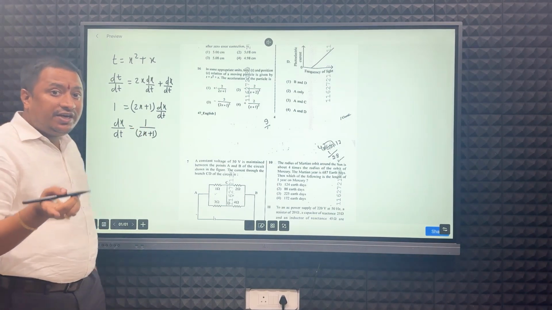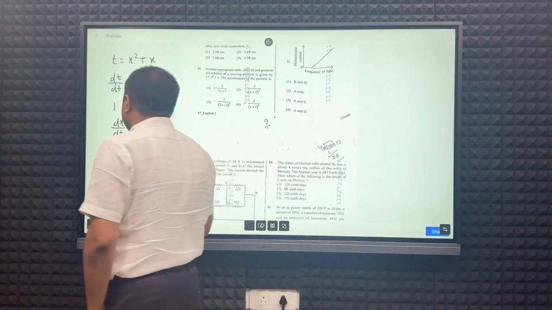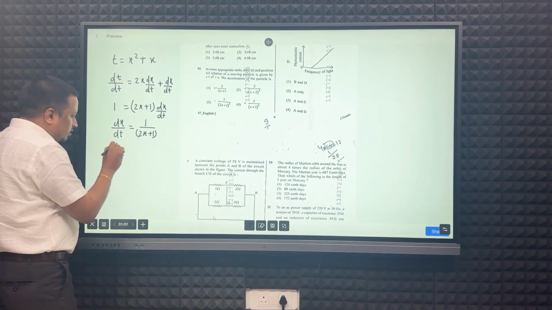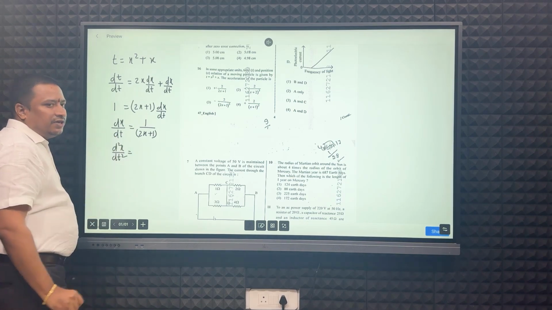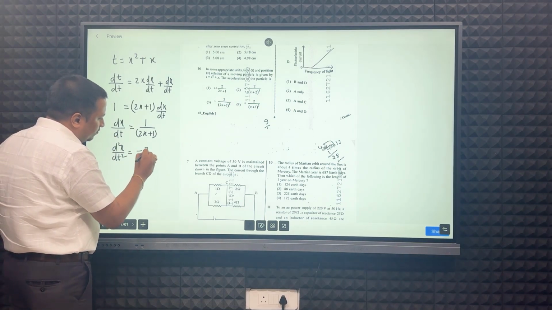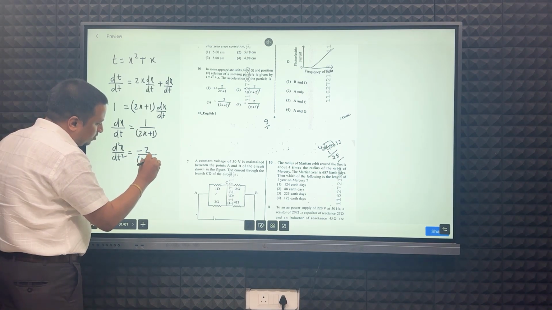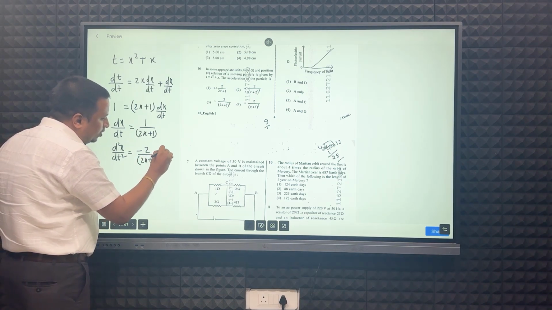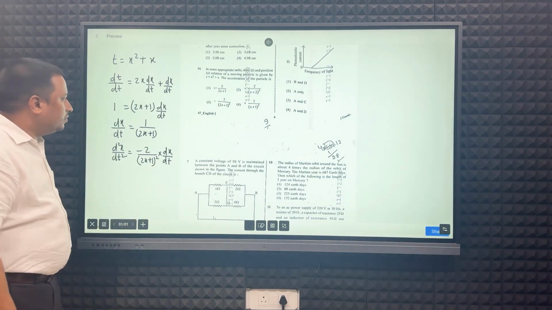I have to differentiate it again with respect to time to get to acceleration. If I have to get to acceleration, I will do this again, d2x by dt square. If we differentiate it, it will become minus of 2, because here we will have 2x plus 1 whole raised to power 2 into dx by dt. Chain rule, I have applied chain rule.